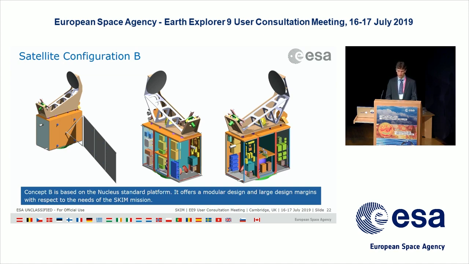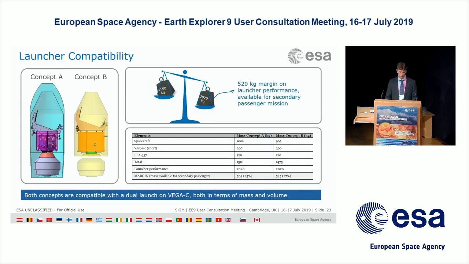Both concepts are compliant with the launcher, both in terms of volume and launch mass. You can see the two concepts in the fairing on the left. And on the right, shown schematically, we have a launcher capacity into our orbit of just over 2 tons, whereas the required wet launch mass is about 1.5 tons. So we have just over 500 kilos to implement a secondary passenger mission.